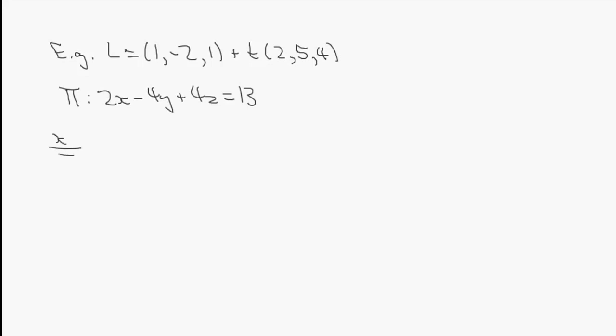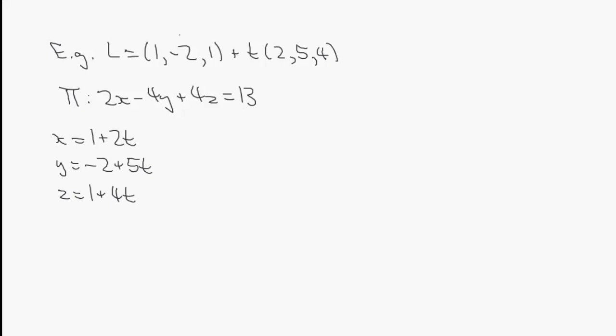Firstly, x would equal to 1 plus 2t, y would be -2 plus 5t, and z would be 1 plus 4t.